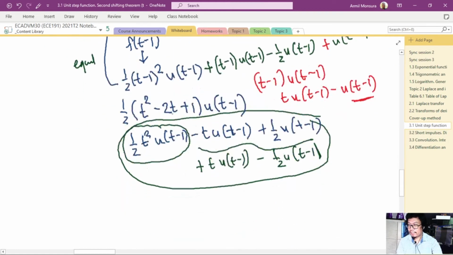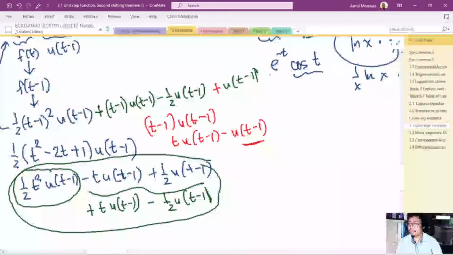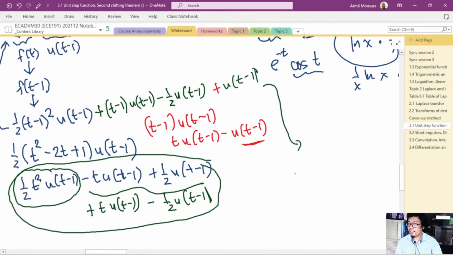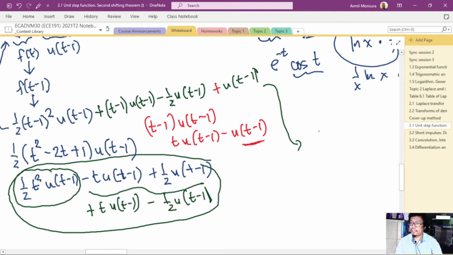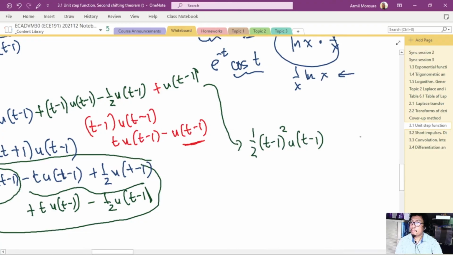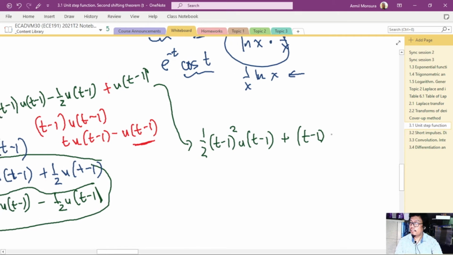Let's simplify the writing of this. Let's have it as 1 half times t minus 1 squared u of t minus 1, plus t minus 1 times u of t minus 1.